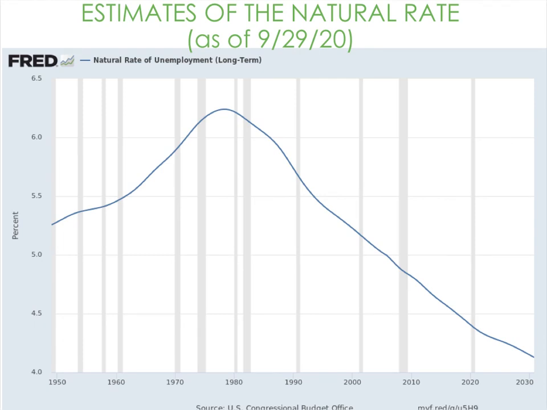So here's a look at the CBO's estimate of the natural unemployment rate as of the end of September 2020. And you can see, even with some pretty big recessions, we don't know how long this recession will last, but it looks like, for reasons noted before, that the trajectory is for a natural rate of unemployment to continue to decline.